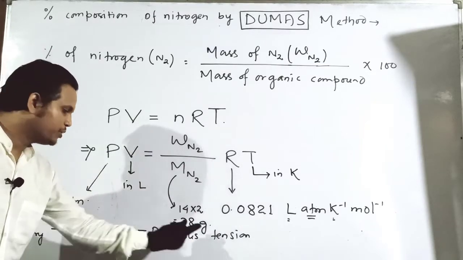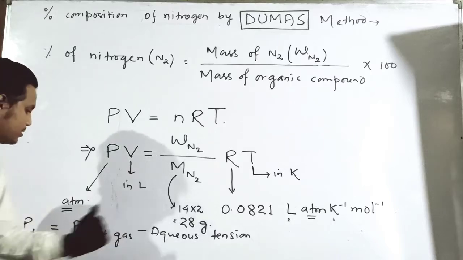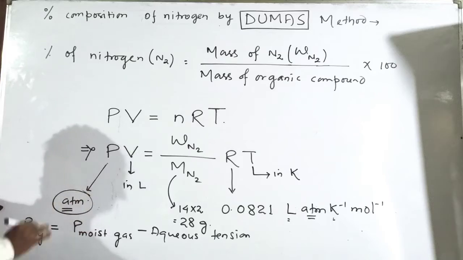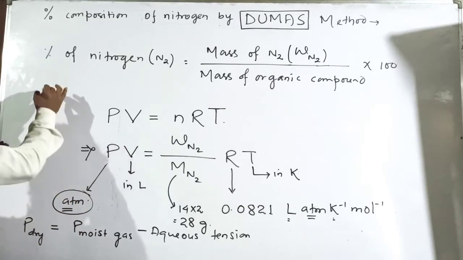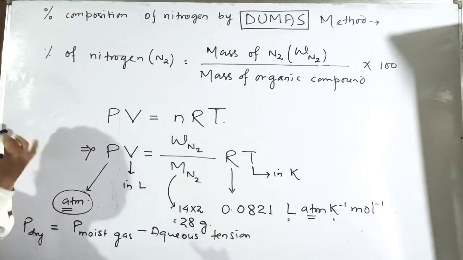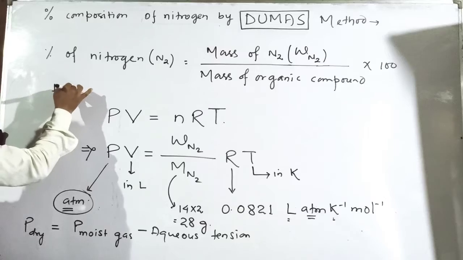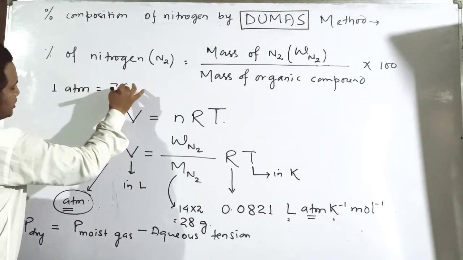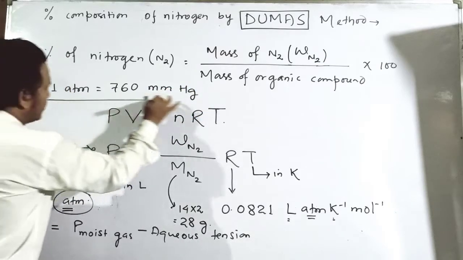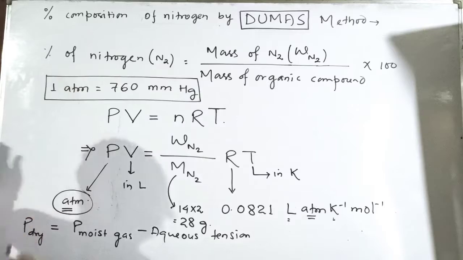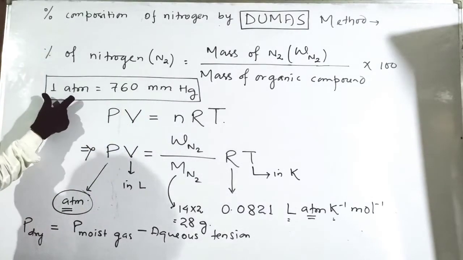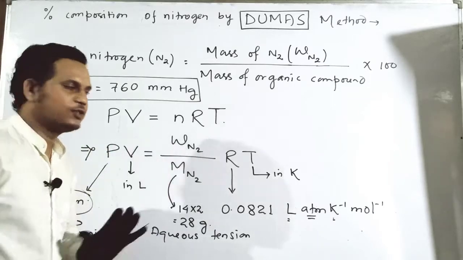Subtract it to get the pressure of the dry gas, and it should be in atmospheres. Generally pressure is given in millimeters, so we know that 1 atmosphere is 760 mm of Hg, and we can convert it into atmospheres using this.